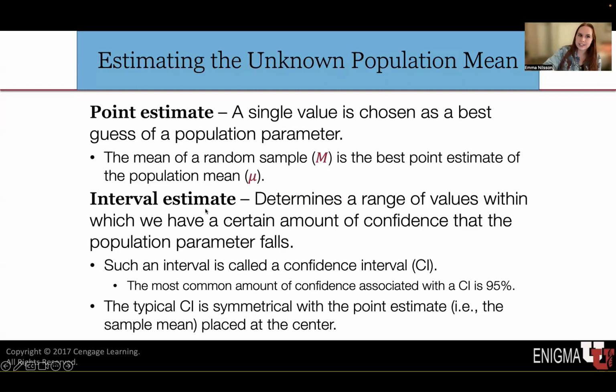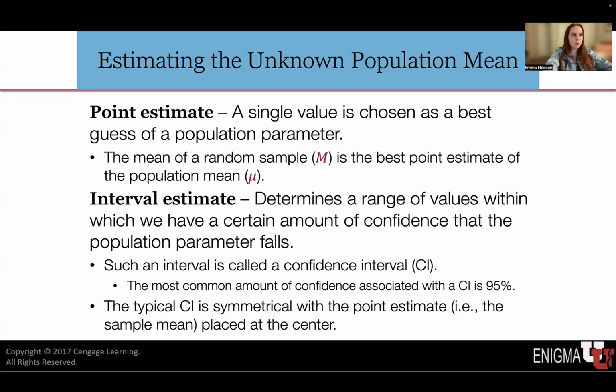Now we're going to introduce an idea called an interval estimate, which is when we determine a range of values within which we're pretty sure, with a certain degree of confidence, that the population mean falls. We call this interval the confidence interval, which we've talked about before. The most common confidence associated with the confidence interval is 95%, and a typical confidence interval is symmetrical with the point estimate placed at the center.